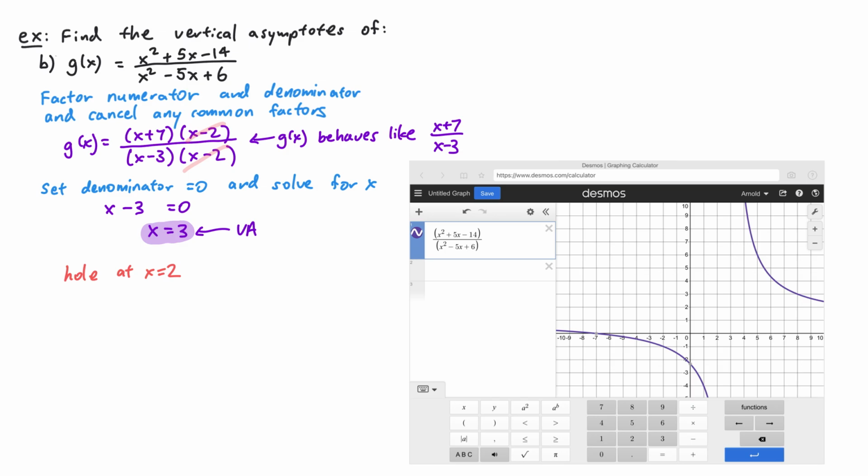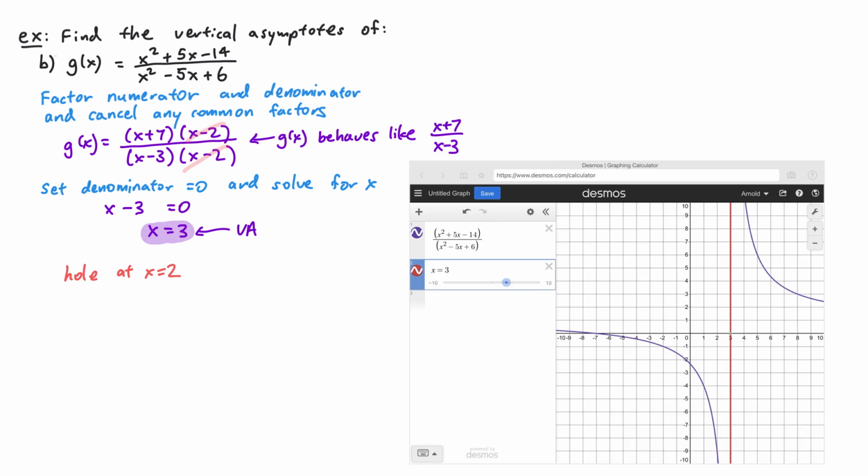We see here that our function just has one vertical asymptote at x equals 3. And if we were to trace our graph, we would see that as we get closer and closer to x equals 2, we'll have a hole at x equals 2.